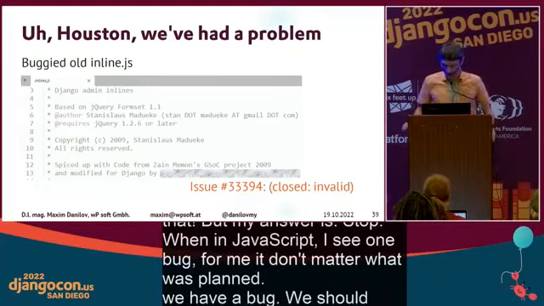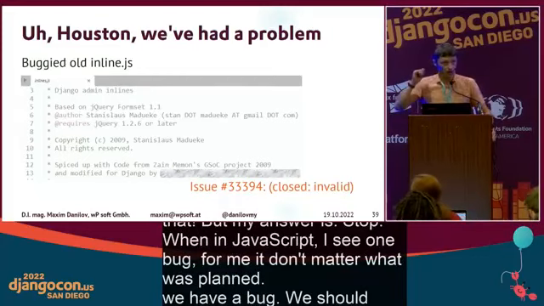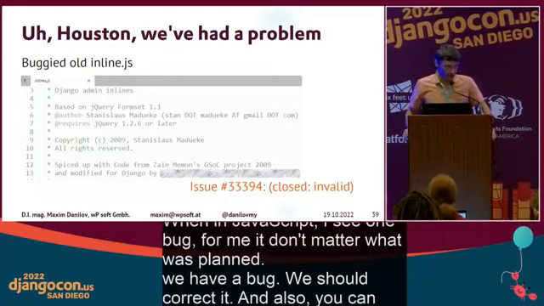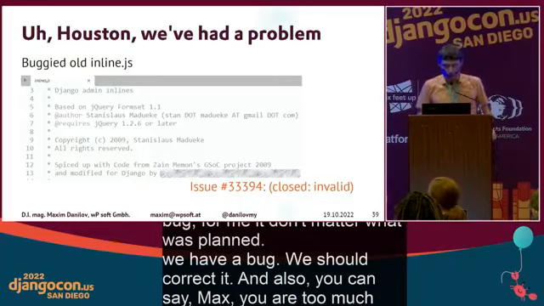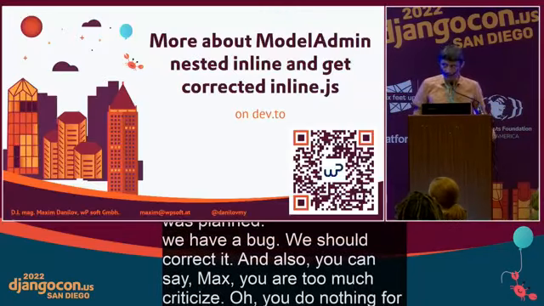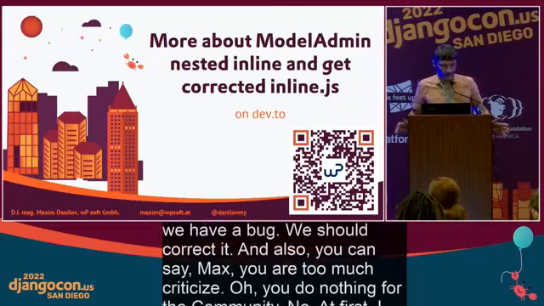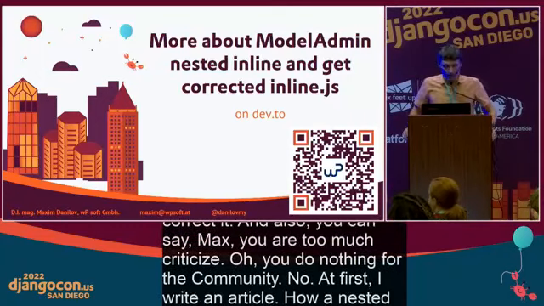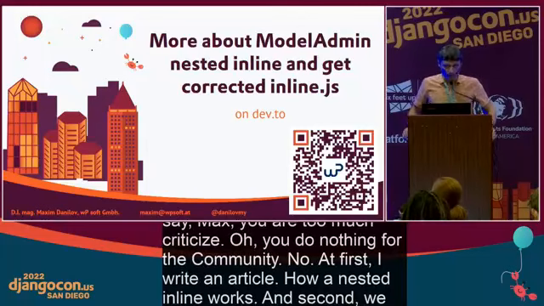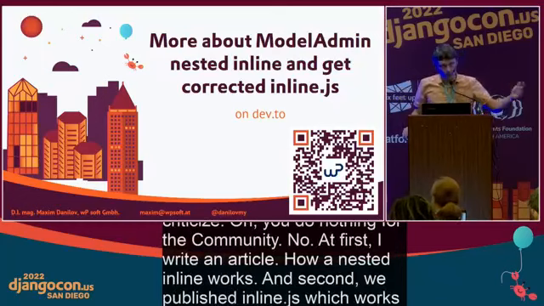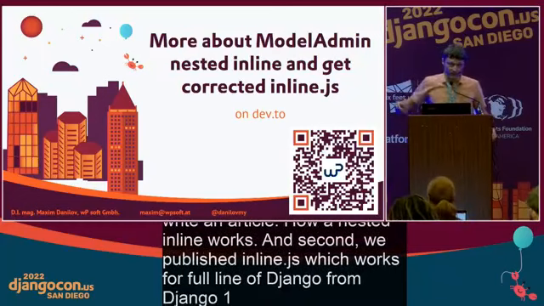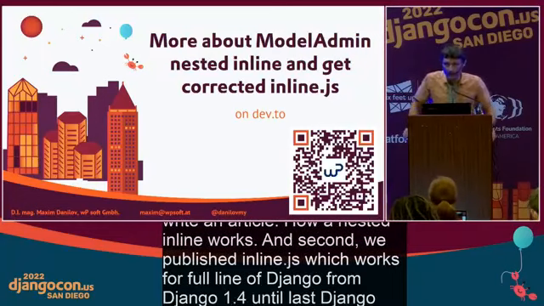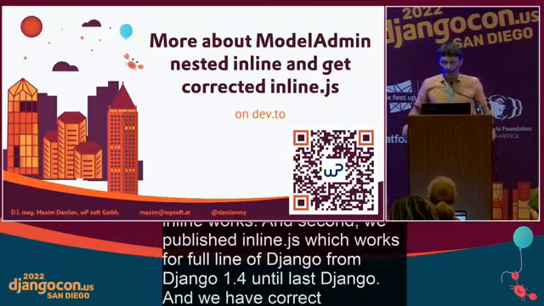And also you can say, Max, you criticize everything too much, you do nothing for the community. No. At first, I wrote an article about how nested inline works, and second, we published an inline.js which works for the whole line of Django, from Django 1.4 till the latest Django, and we have corrected this bug.